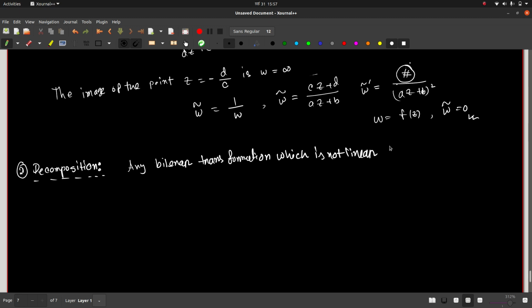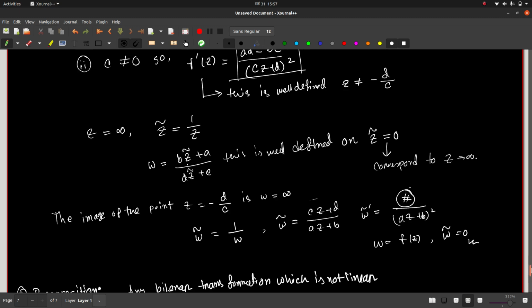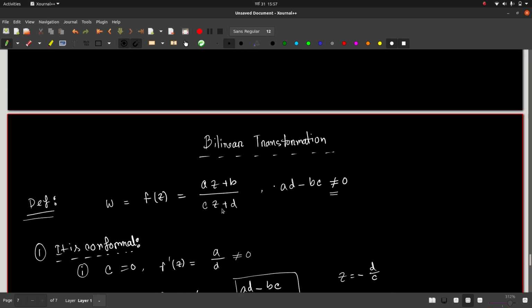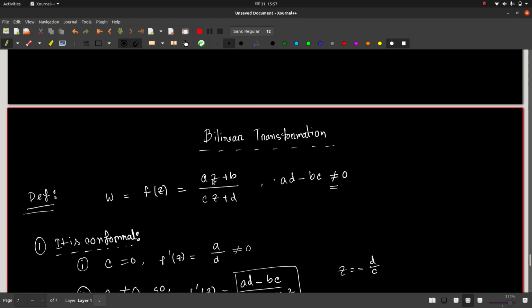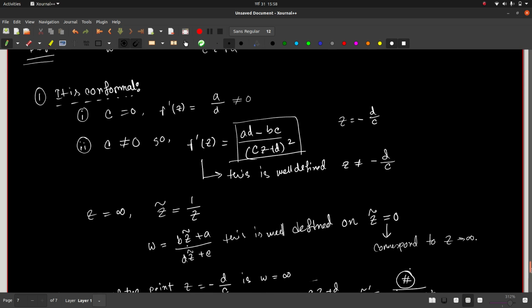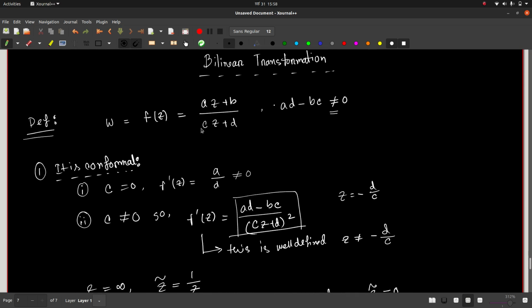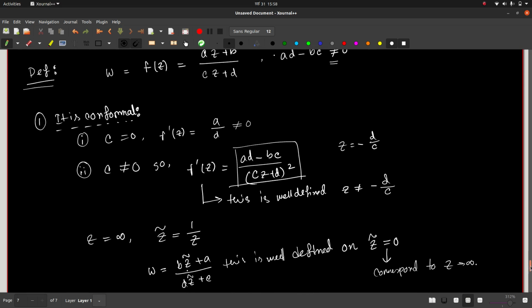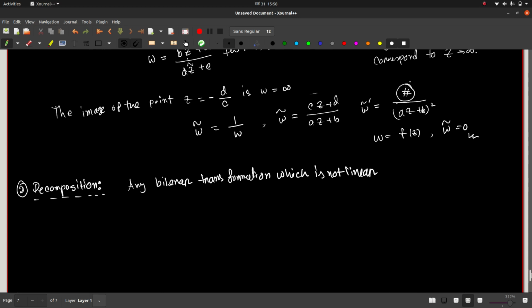Why we are calling it not linear: if you see the definition, if I take c to be 0, then this becomes a linear transformation. If I take c not to be 0 and a not to be 0, this becomes nonlinear. Even if you take a equal to 0, this will actually yield a nonlinear transformation. So in general, if I take c not to be 0, that will be a nonlinear transformation.